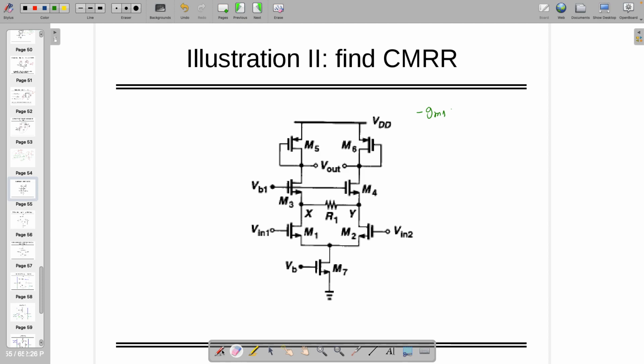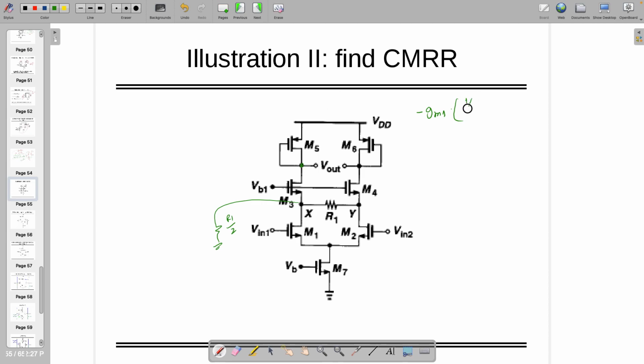Tell me. GM1, R1 by 2. Look here, R1 by 2 will be here. Output is here, right?